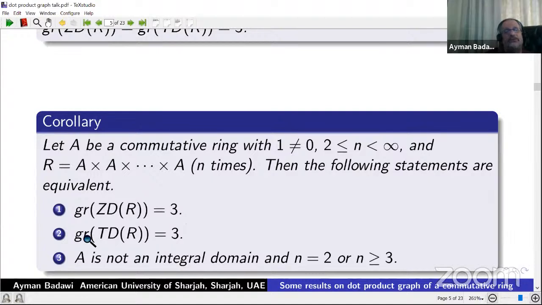This holds if A is not an integral domain and n equals 2, or n is bigger than or equal to 3. So how you read it: A is not an integral domain and n equals 2 is one statement, and the second statement is n bigger than or equal to 3.